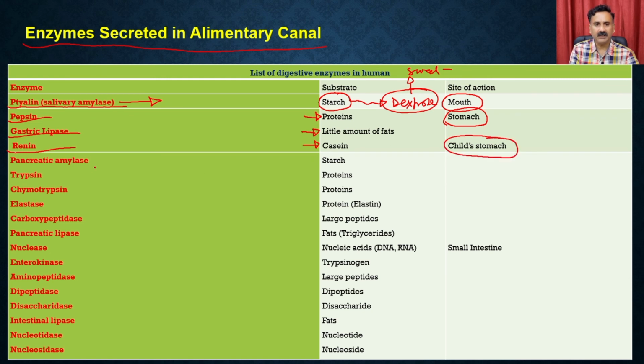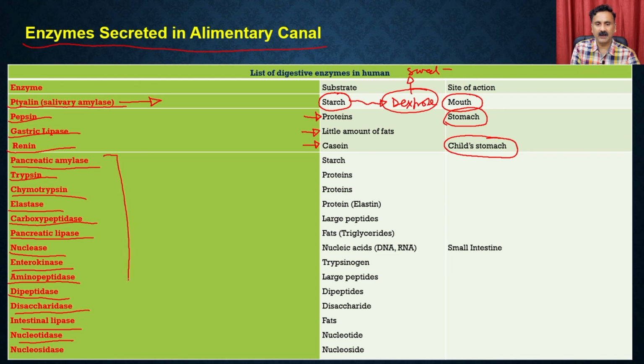Then in the small intestine you are going to have pancreatic amylase, trypsin, chymotrypsin, elastase, carboxypeptidase, pancreatic lipase, different types of nucleases, enterokinases, aminopeptidases, dipeptidases, disaccharidases, intestinal lipase, nucleotidases and nucleosidases.